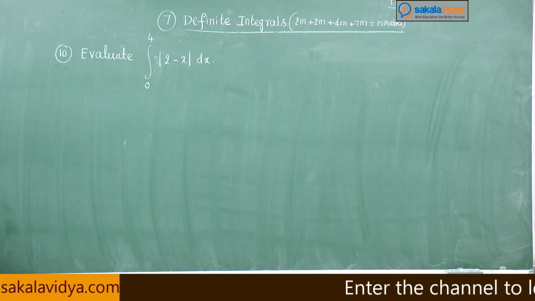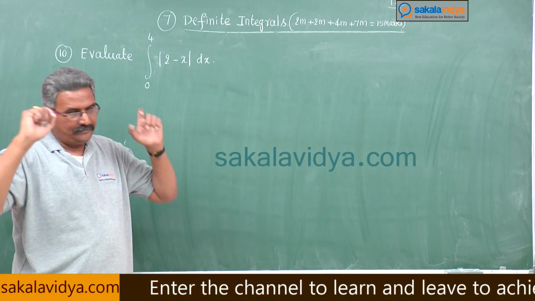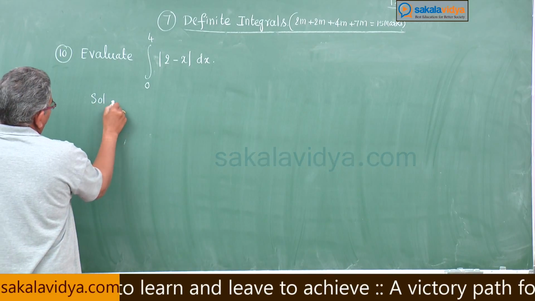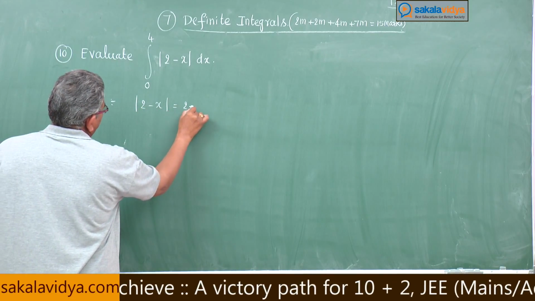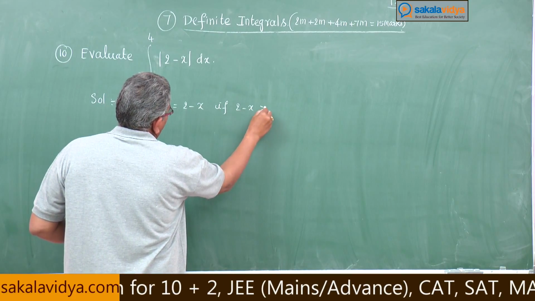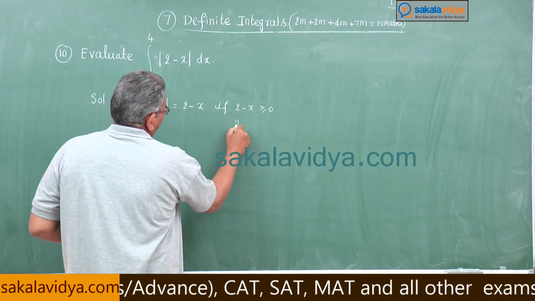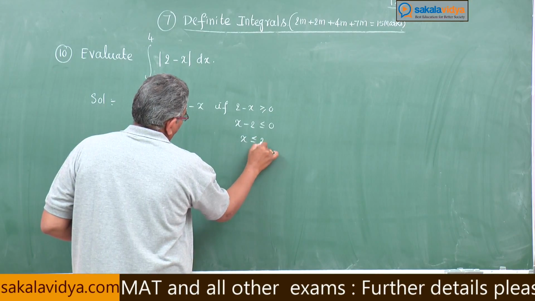So, this problem also we have to do with piecewise integration. We have to break the interval. So, mod of 2 minus x is equal to 2 minus x if 2 minus x is greater than or equal to 0. Multiply by minus on both sides: x minus 2 less than or equal to 0, x less than or equal to 2.